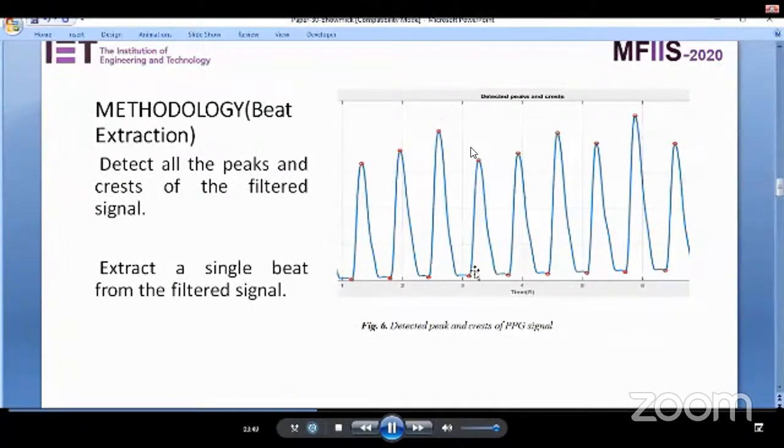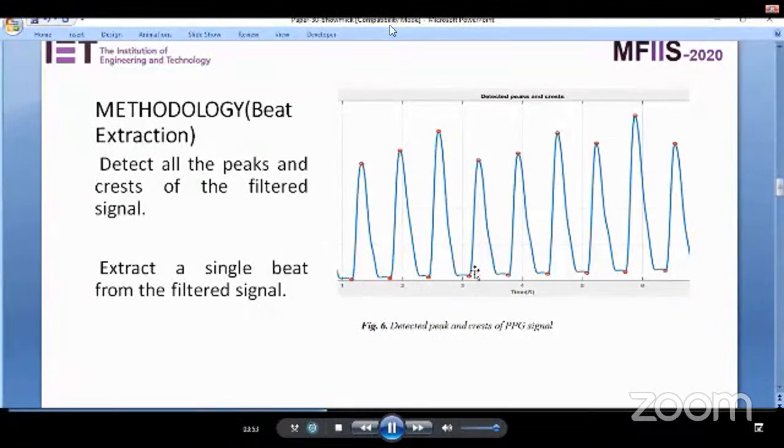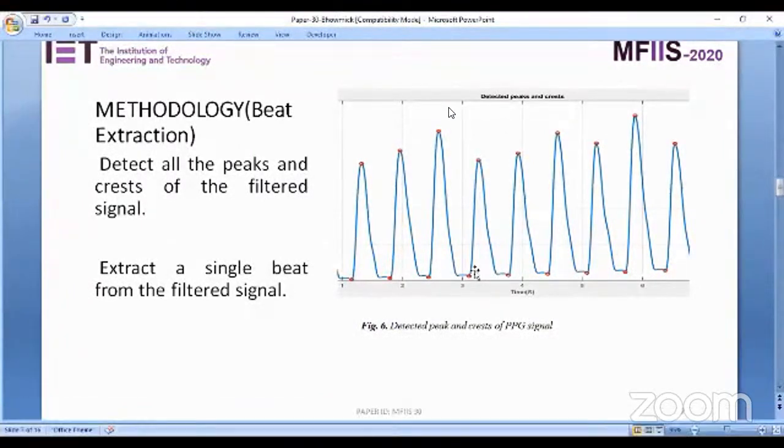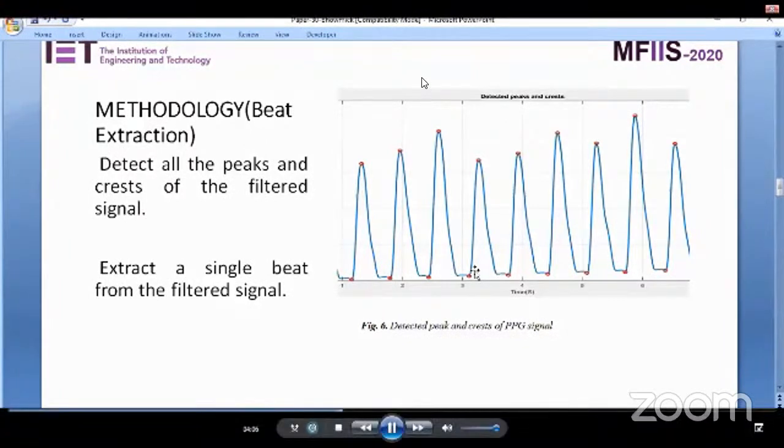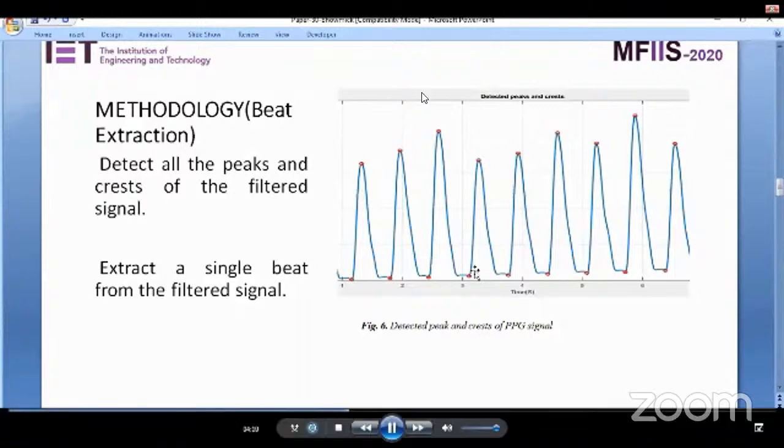Then come to the next step, beat extraction. Compute the global maxima and minima of all data points stored in the PPG array, and compute the peak-to-peak value of the PPG array.